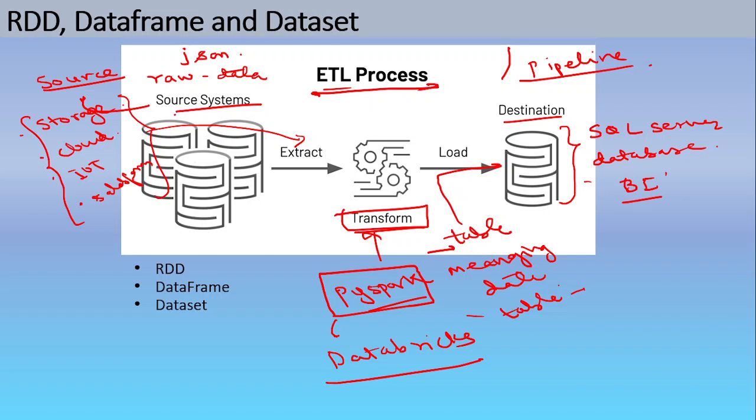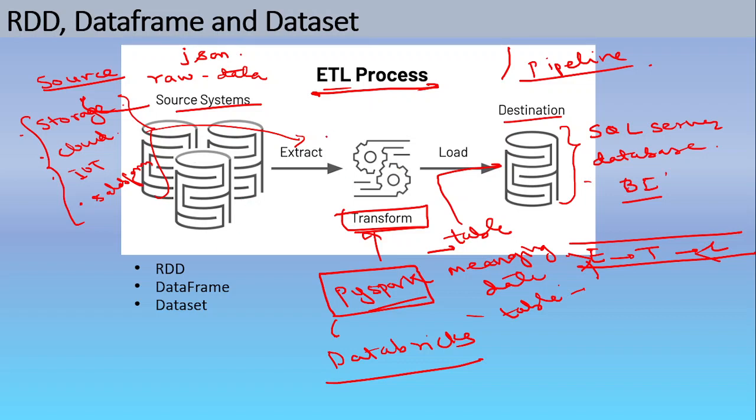This is exactly what your ETL or pipeline looks like. We extract data from different sources, do transformation, and then load wherever you want. This is basically the work of data engineering or big data people.